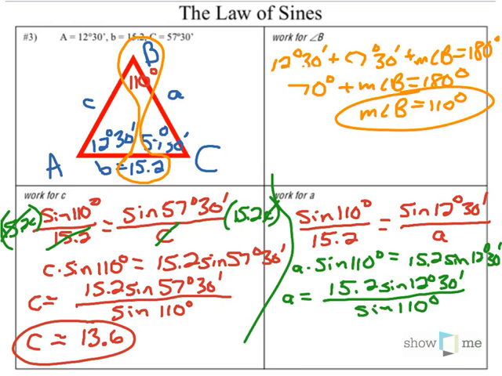Put that in my calculator. Get about 3.5. Which is reassuring because it's opposite the smallest angle, and that's the smallest side. So if nothing else, it's reasonable.